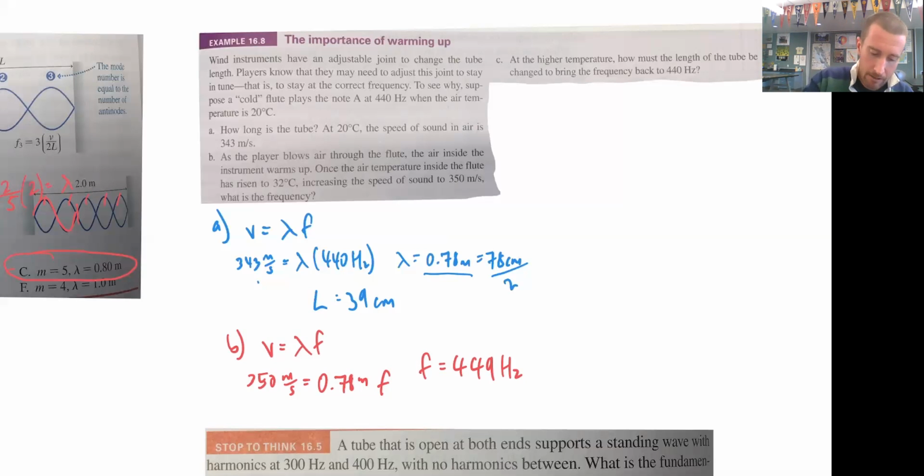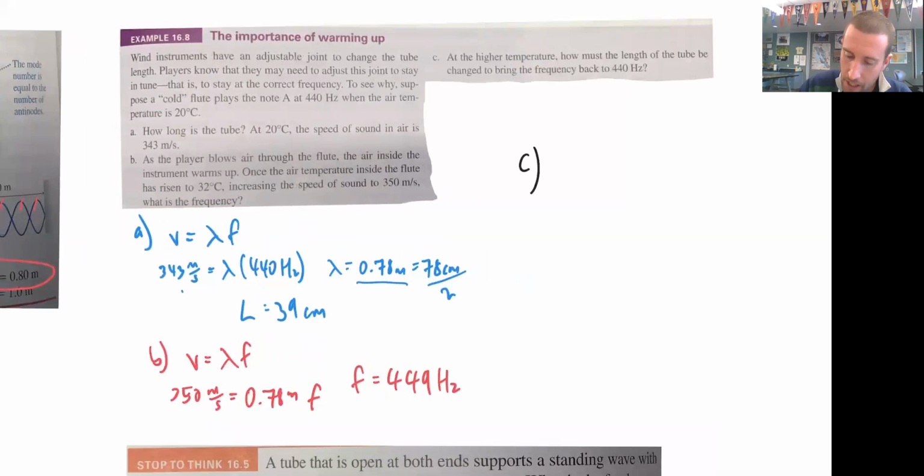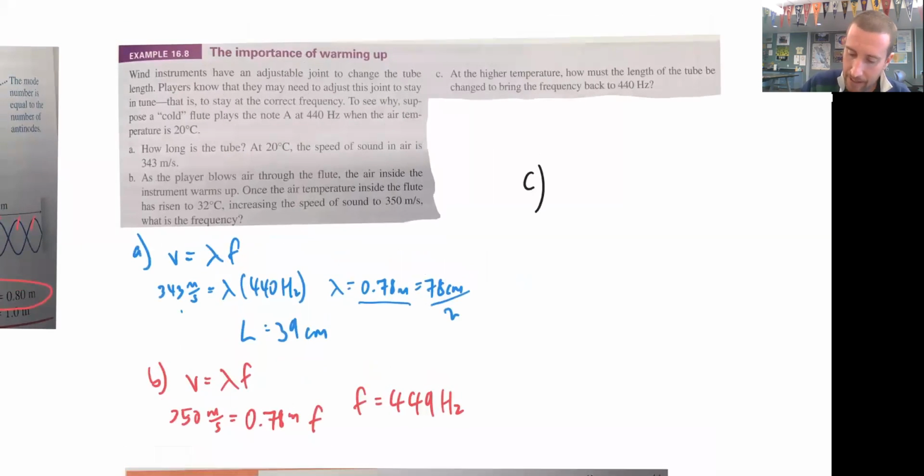And then finally, for part C, at the higher temperature, how much must the length of the tube be changed to bring the frequency back to 440 hertz? So now I need to go back to 440 hertz. I'm going to do the same thing as part A. v equals wavelength times frequency.